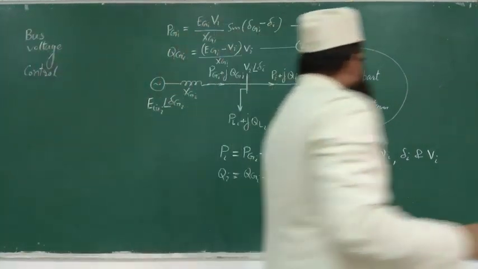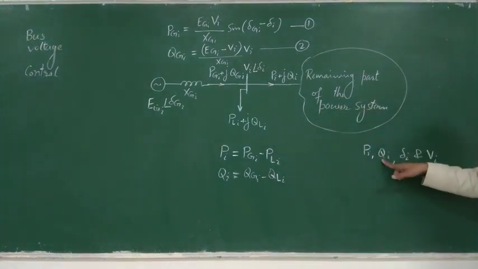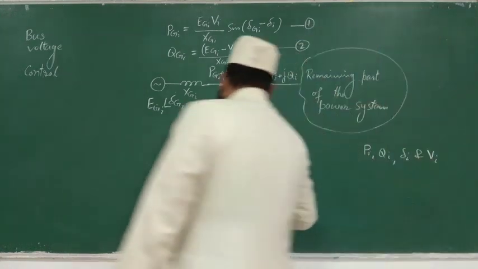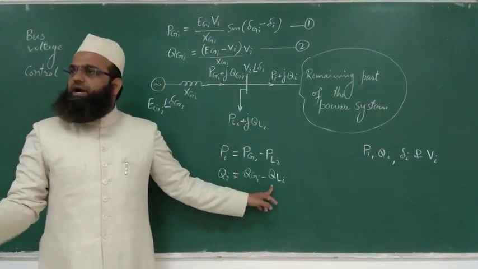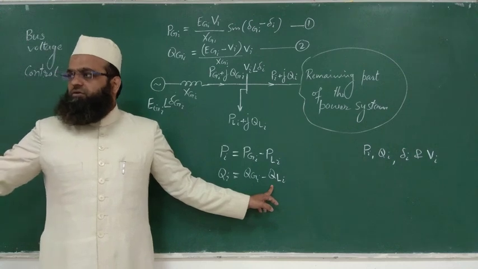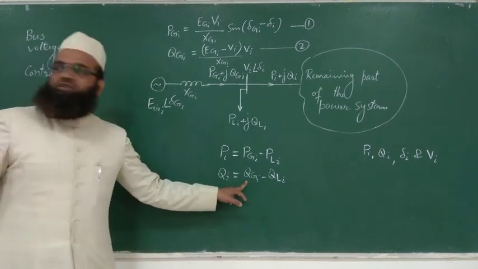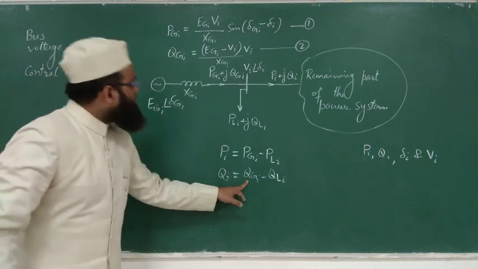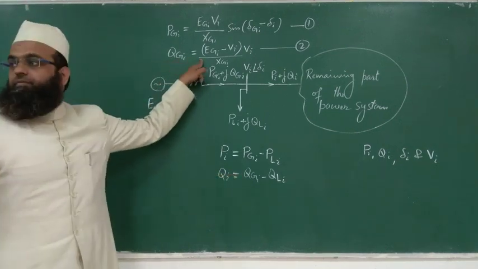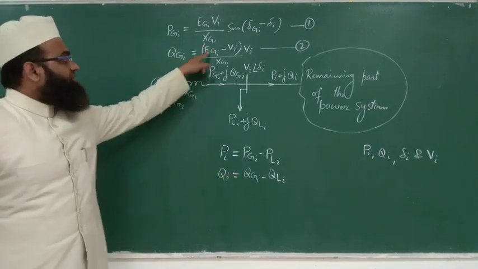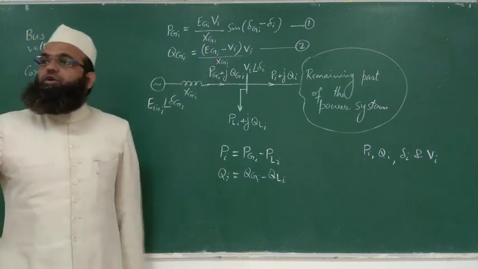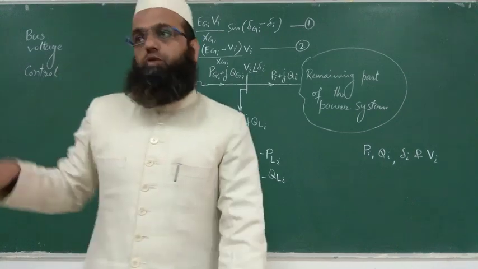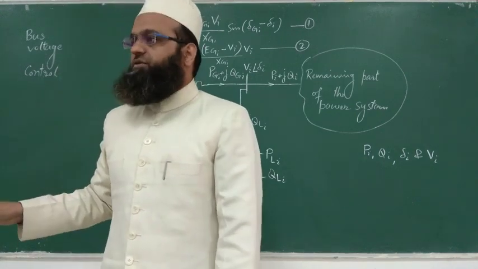Similarly, to achieve this QI demand, you need to adjust this quantity. Don't disturb load customers, right? QGI is given by this, so you need to adjust this. In order to adjust this, you need to adjust the excitation of the alternator. That is the simple answer.